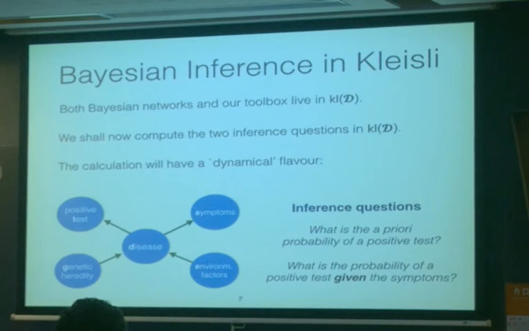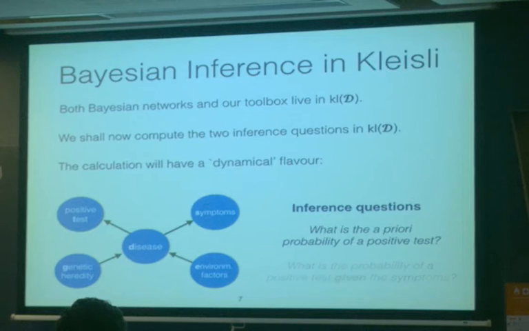Okay, so how do we now perform inference? We have laid down our toolbox in Kleisli. We have interpreted Bayesian networks in Kleisli as well, and now we compute in this category the two inference questions. The nice thing with respect to the traditional way this is done is that thanks to these state and predicate transformers, the computation will have some sort of dynamical flavor.